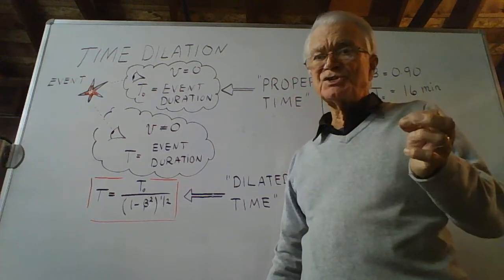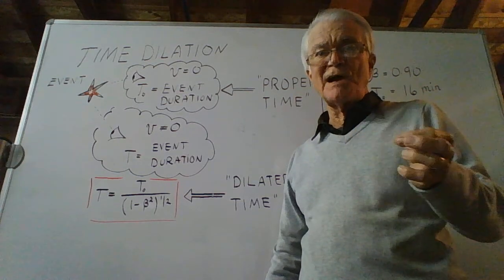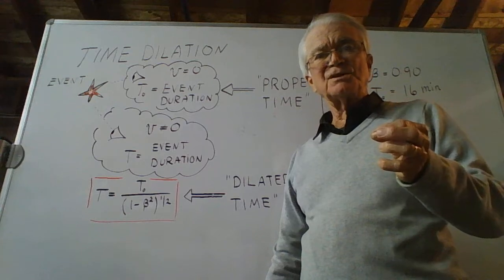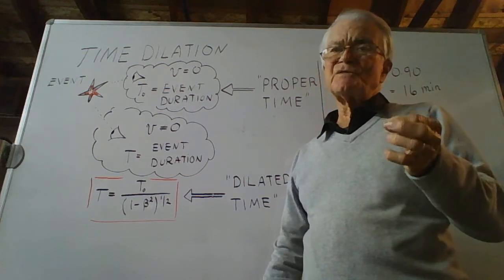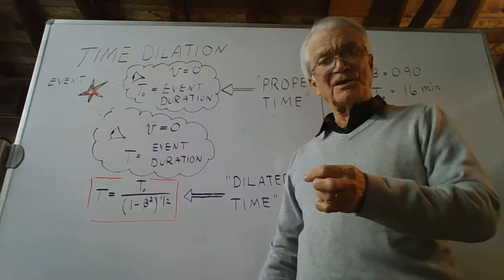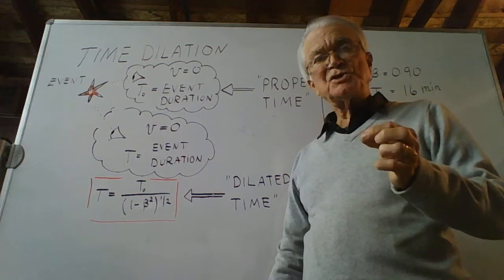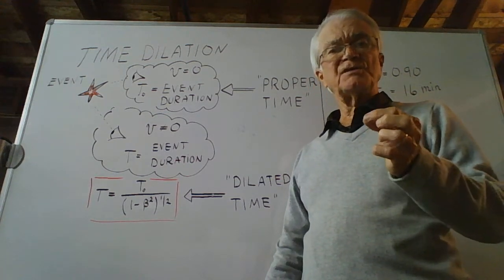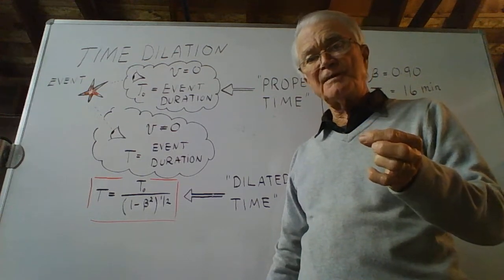Now, that person in the stand is not moving relative to the stands, not moving relative to the ground, but because the runner is in motion, the observer in the stand is moving relative to the runner. Now, that person will measure a different time for the event, which is the amount of time it takes the runner to complete that journey.